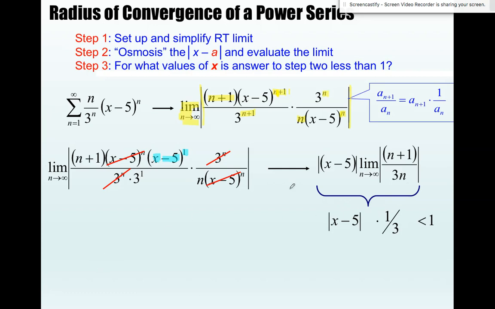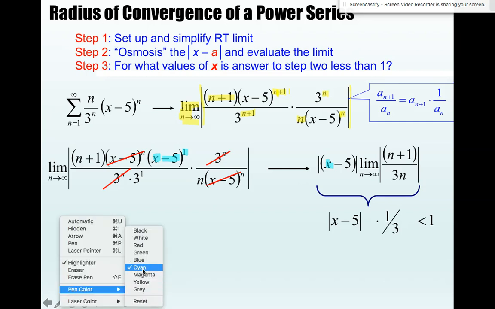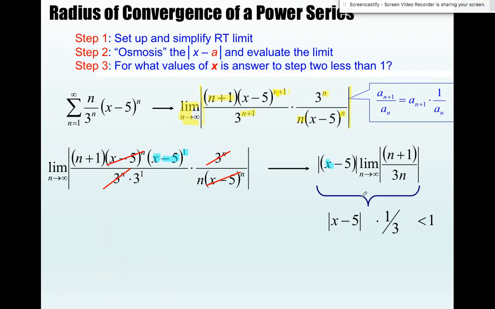There is my limit. Here is my x stuff outside of my limit, because my limit only has to do with n. So I only have n stuff in here. I treated it like the end behavior of a rational function. That's where I got 1/3.